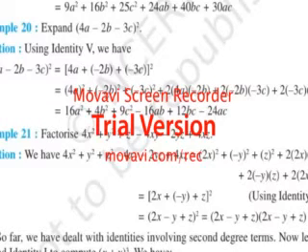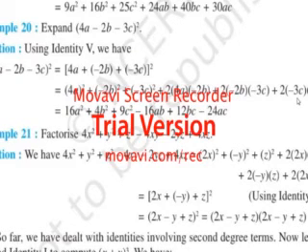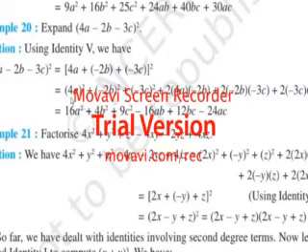So what, the same formula is applied, that is x plus y plus z whole square is equal to x square plus y square plus z square plus 2xy plus 2yz plus 2xz. So if you will say in place of x there is 4a, in place of y there is minus 2b, in place of z there is minus 3c, and here in same xy 4a and minus 2b is there, 4a into minus 2b, in yz there is minus 2b into minus 3c, as it is it has been kept, and then after it has been multiplied.